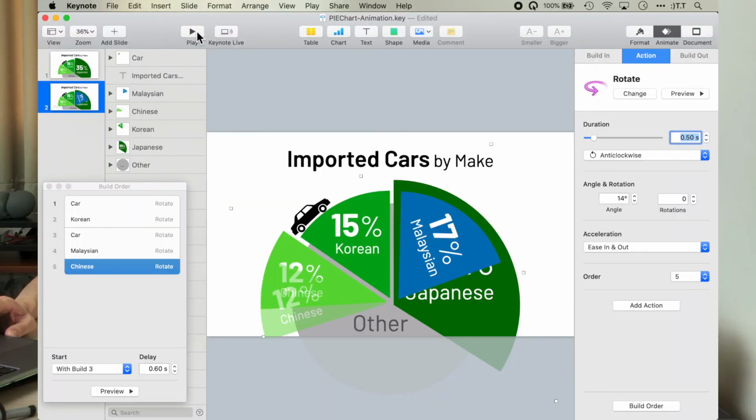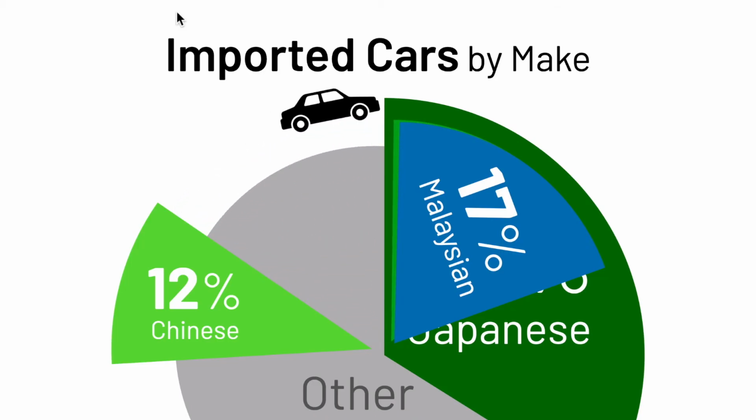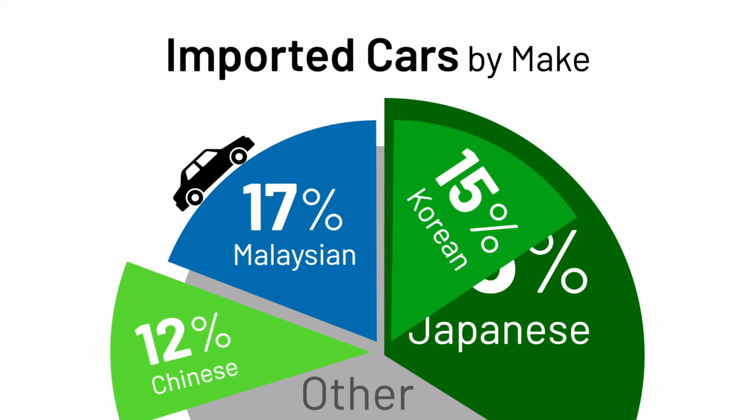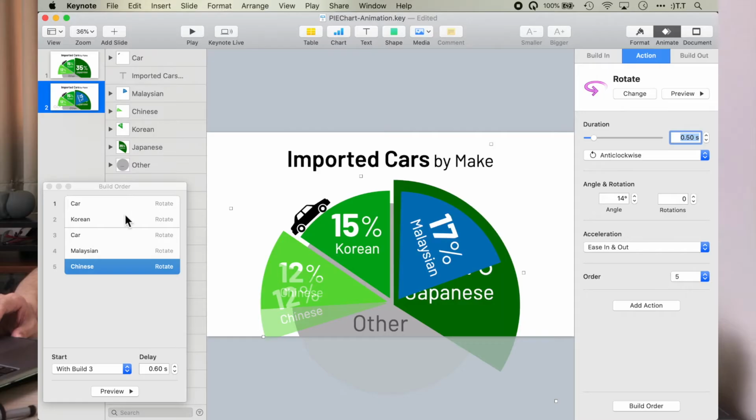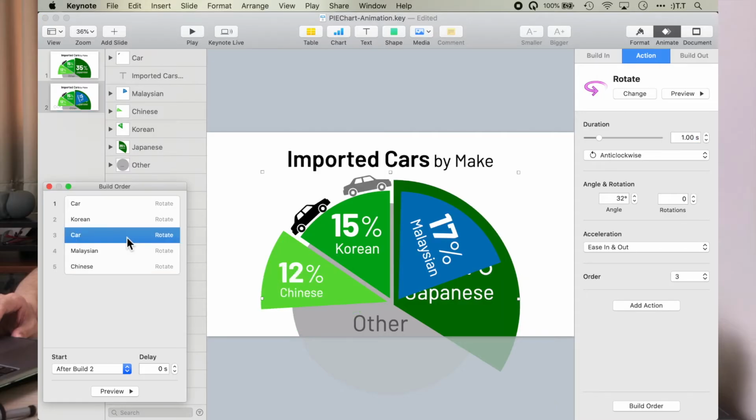Let's play the animation to see how it looks. Notice that the car stops a little short. Let's adjust the animation so that it stops close to the Chinese pie segment. Click on the car build, then adjust the rotation to 48 degrees.